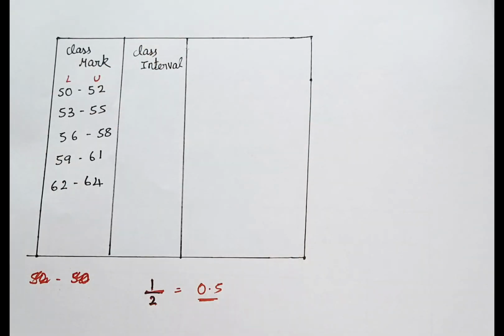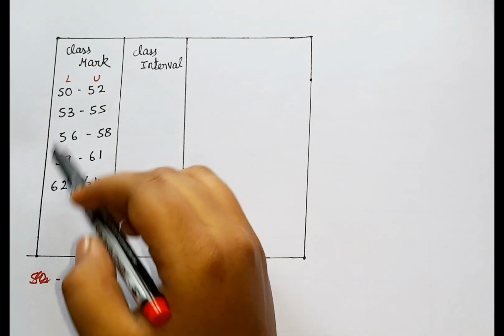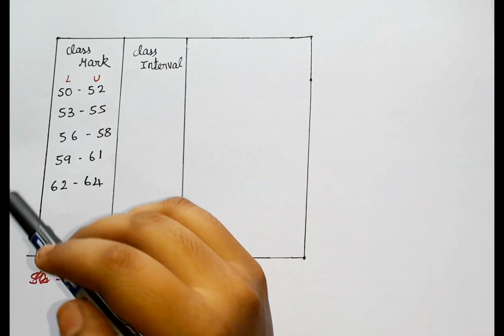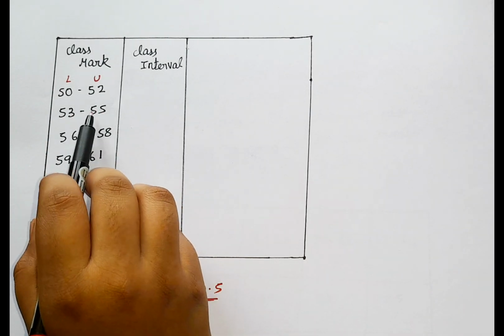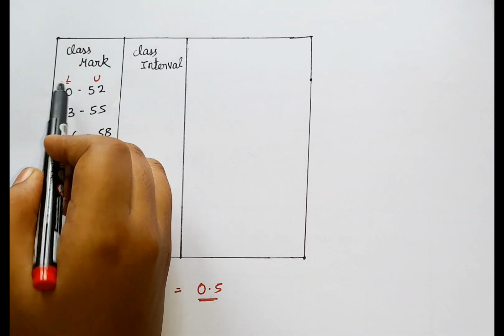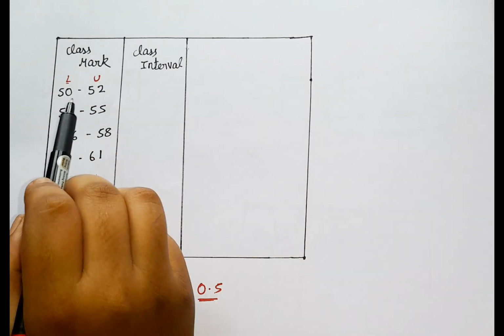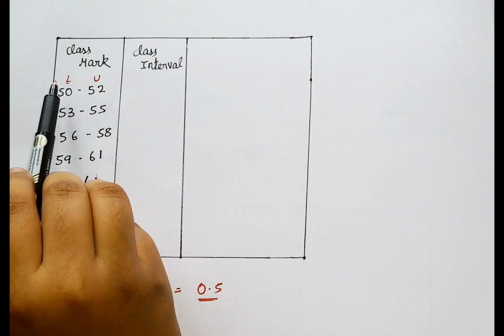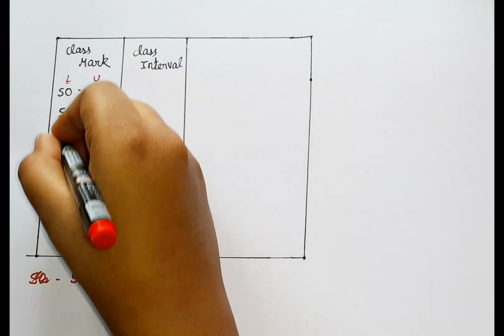These numbers are the lower limit, since they are smaller compared to these numbers, and these are the upper limit. Since they are not continuing, for the lower limit I am going to subtract 0.5 from all the values here.